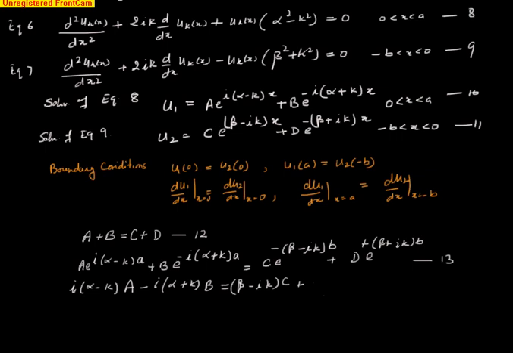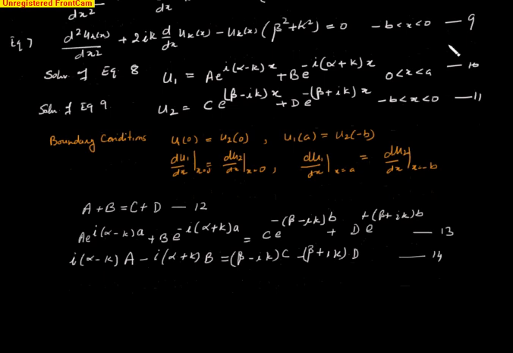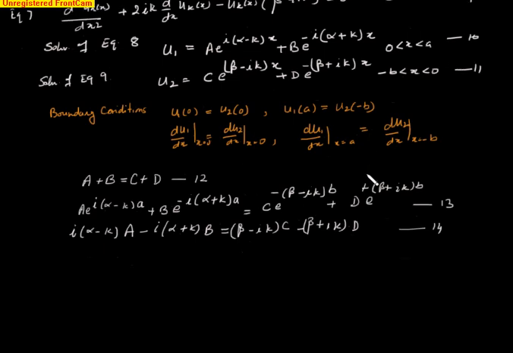So let me write here again negative, because this minus β will come here, β times (β + ik), multiplied by d. So this is equation number 14. We are getting these equations from 10 and 11 by putting these conditions.